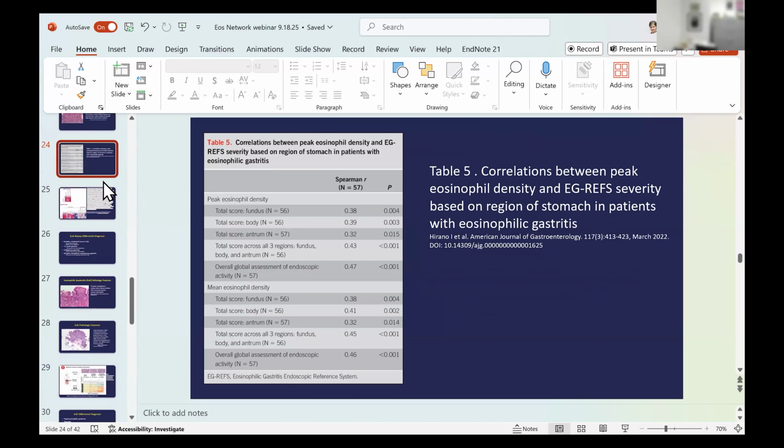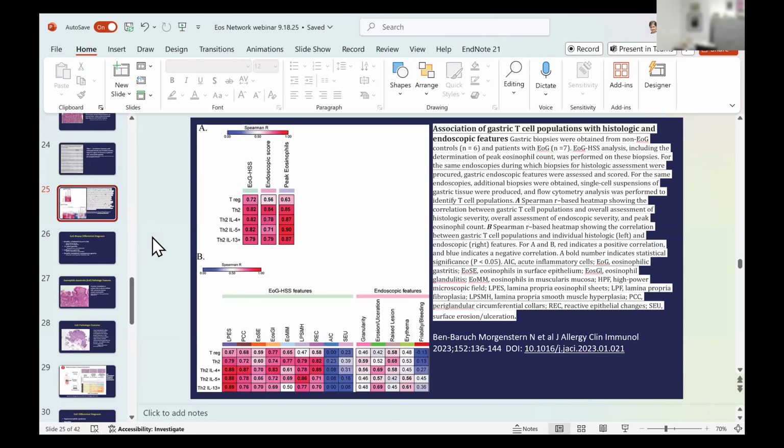And we also now know that the features that we score in the stomach, sheets, collars hugging the outside of the glands, eosinophils in the surface epithelium, eosinophils in the gland epithelium, eosinophils in the muscularis mucosa, and lamina propria smooth muscle hyperplasia, along with atopic or T-cell related lymphocytes in the gastric mucosa, and the red in particular show very strong correlations with the abnormalities that we're scoring in gastric biopsies.